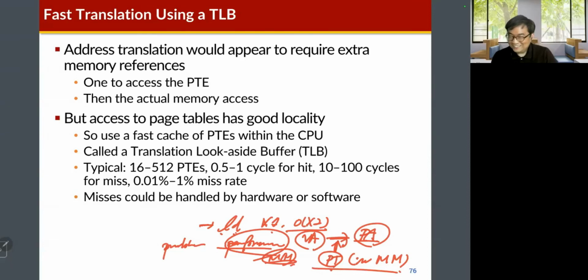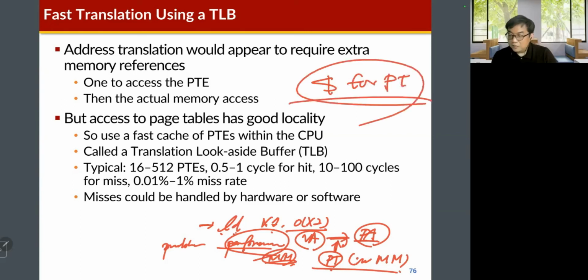It's ridiculous. So the processor supports a cache for the page table. And this cache for the page table is called TLB, translation lookaside buffer. So I will explain about the TLB in the next class.